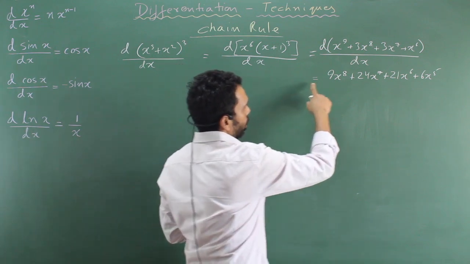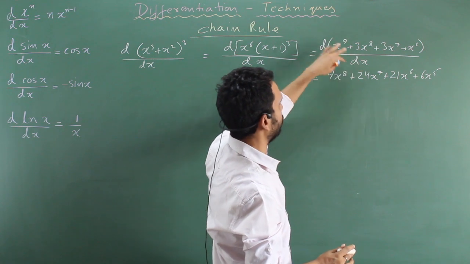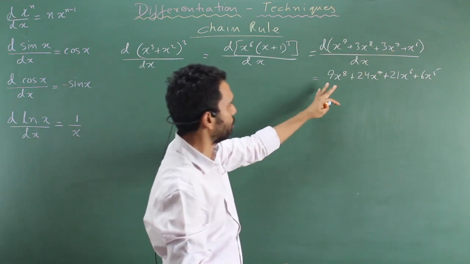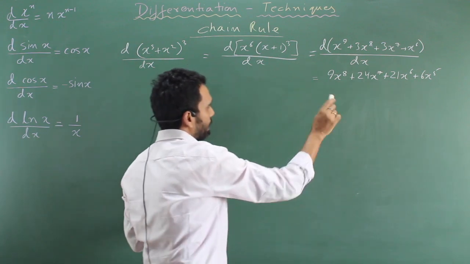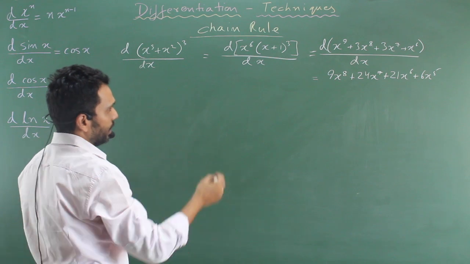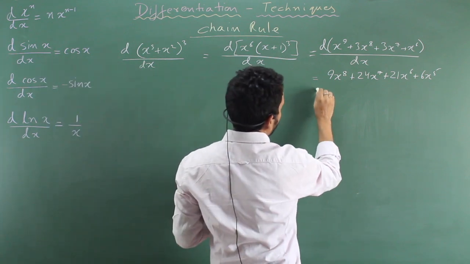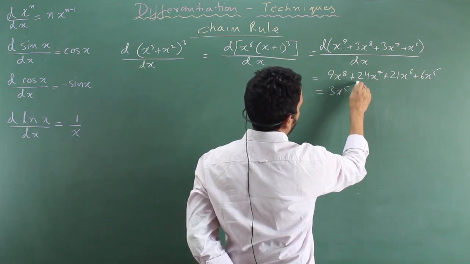So I hope you got that. And mind you, you have differentiated. That's the rate of change of this thing with respect to x. So don't put a dx separately now. This is your answer. You can take x power 5 common and rewrite the answer in a certain way. You can take 3 also common in this. So we have a 3 common, we have x power 5 common.